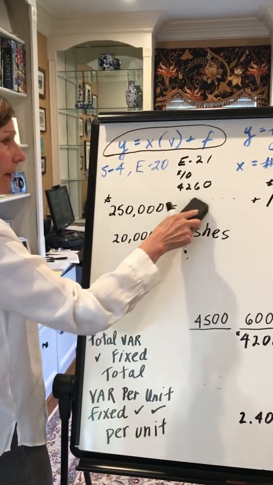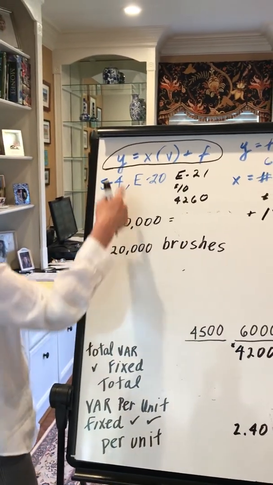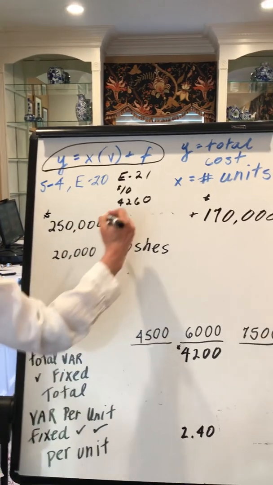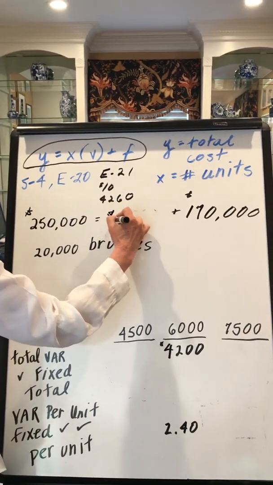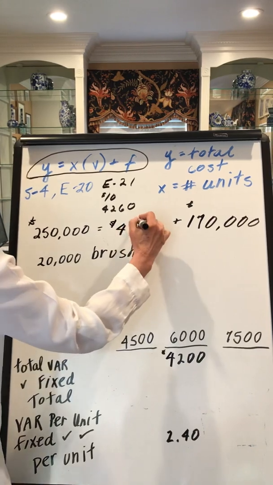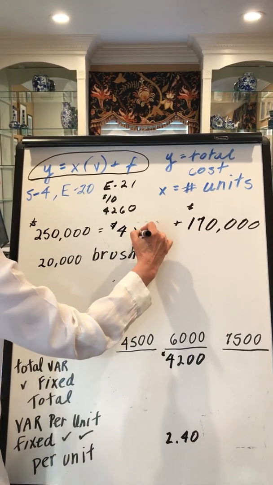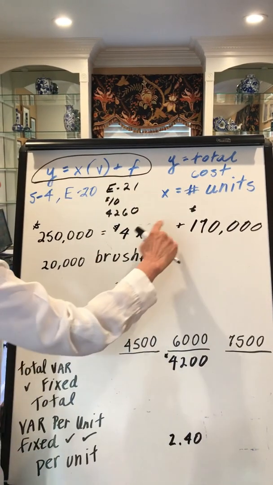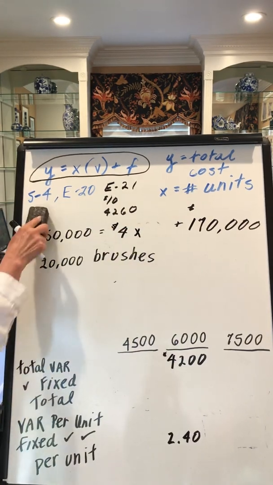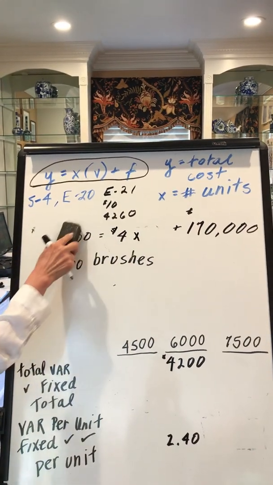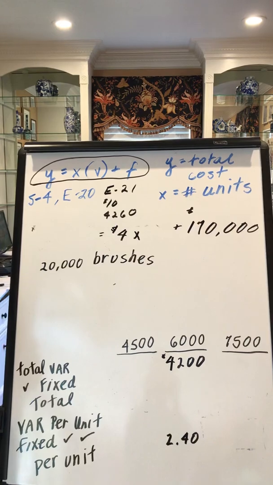Now I can write this out as my cost equation. I have 4 times x, and we'll call this x, plus 170,000 equals y.